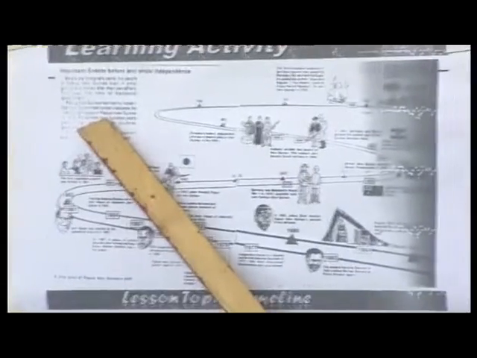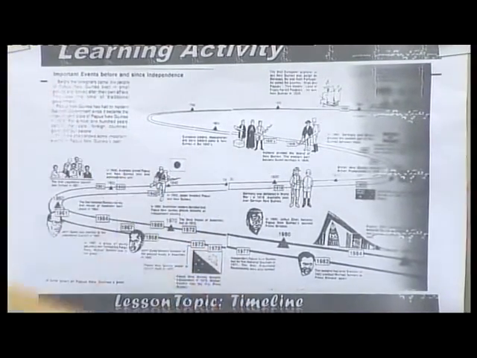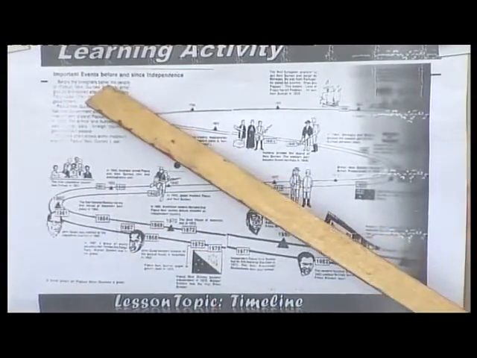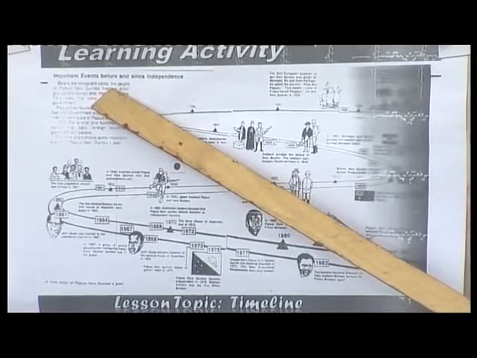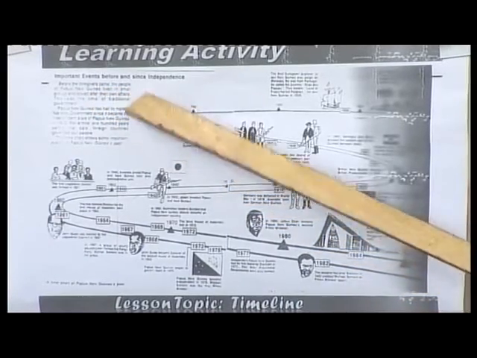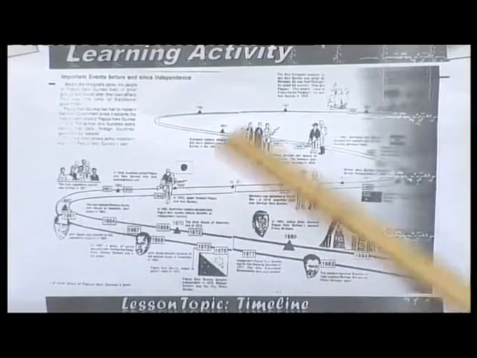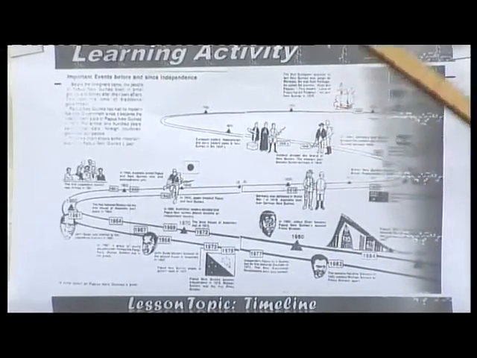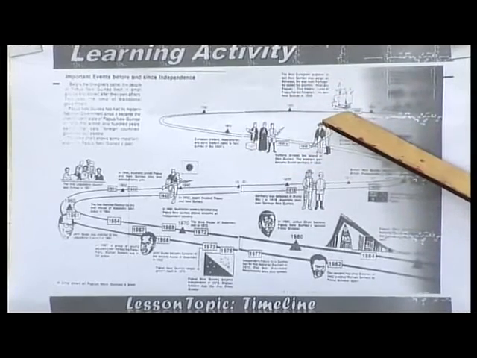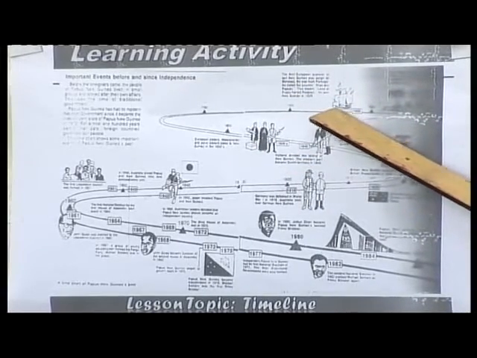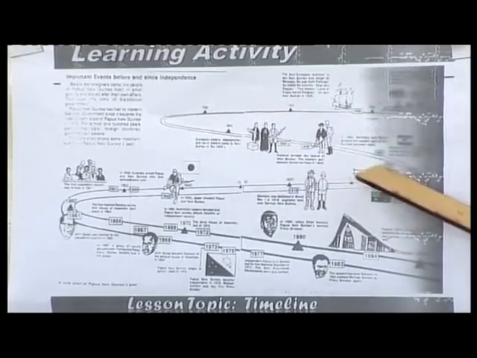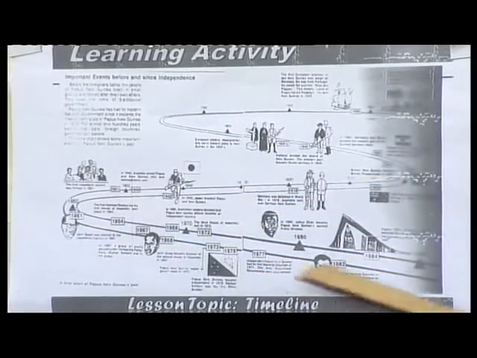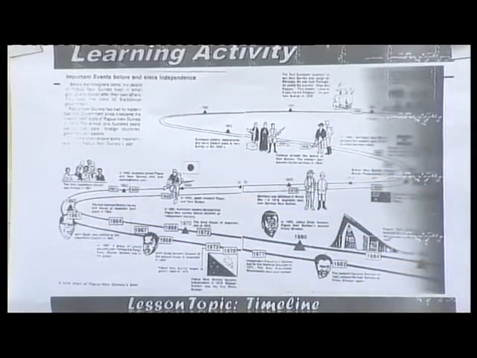Here we have Snake Road timeline where it has the important events recorded before and since independence. So you will see that from here, can you see this? It's not so clear. From here you will see that the road is moving to the present.